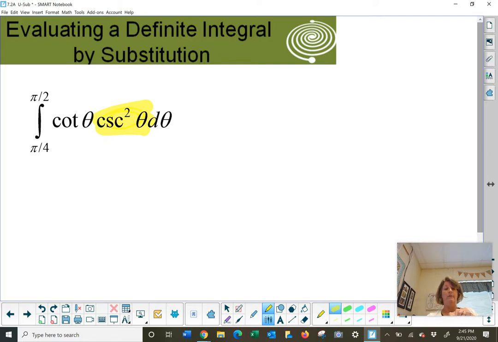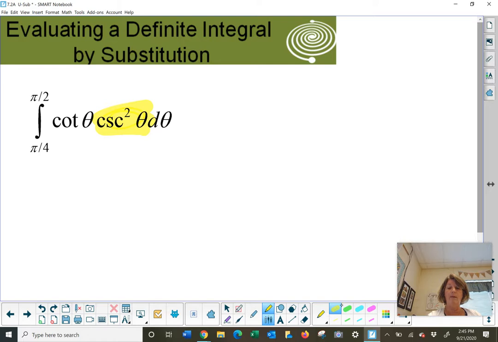But the derivative of cosecant is negative cosecant cotangent. Would I have that present? Yes, I would. I could go that route.